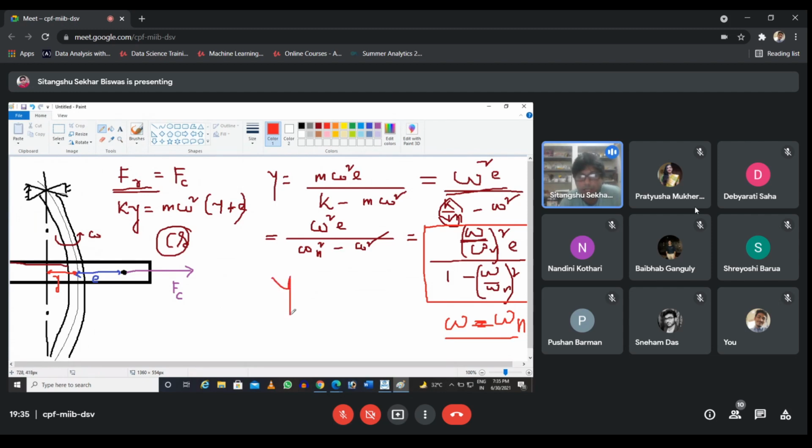So this y will be huge. That means the speed at which the deflection is very, very high. That means when the excitation or the speed of the rotating system matches its natural frequency, then a huge deflection will be there, which will be reflected as vibration.